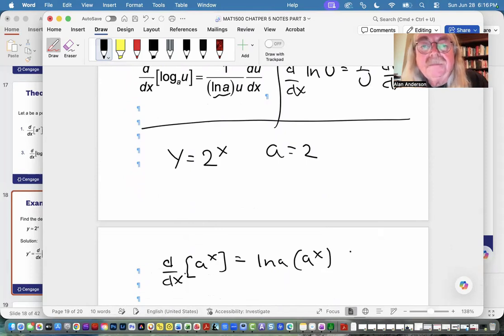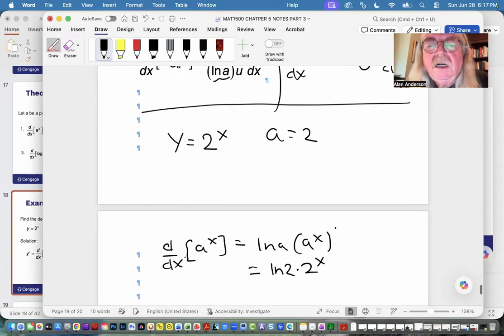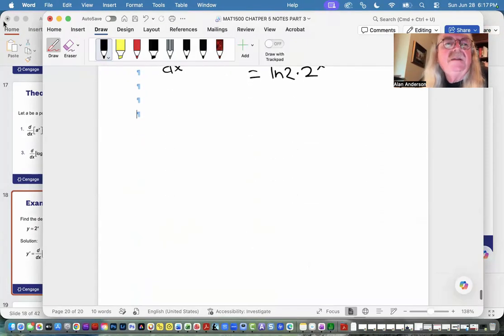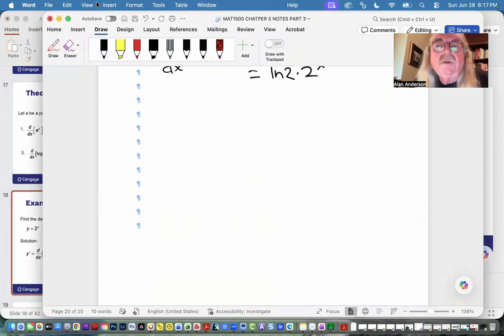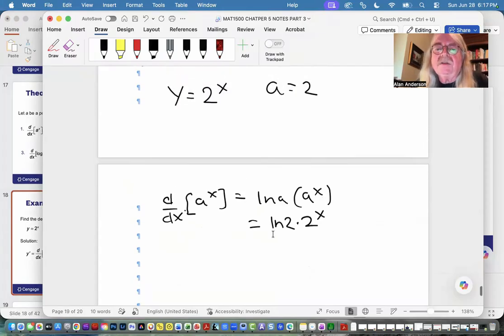And since a is 2, that's what we need. Okay, that's the whole thing. So we don't want to lose track of those rules. But again, it's very similar. If this had been e to the x, we would have simply ended up with e to the x.